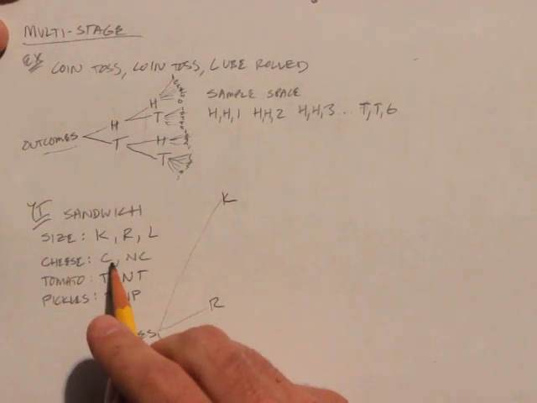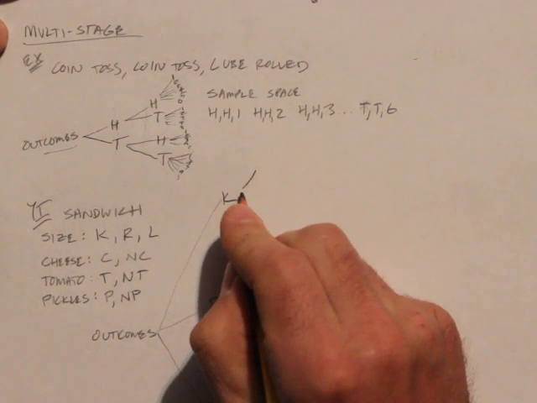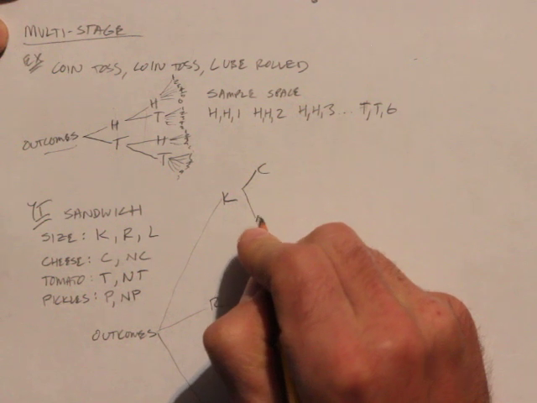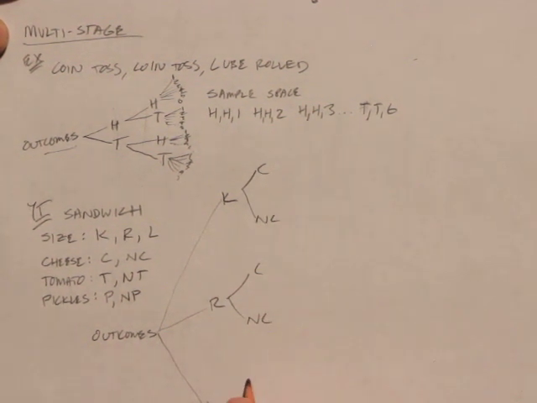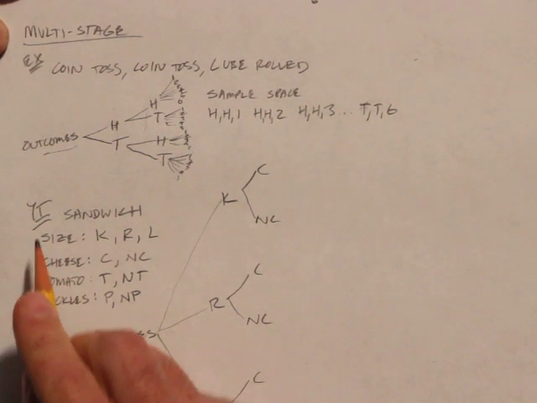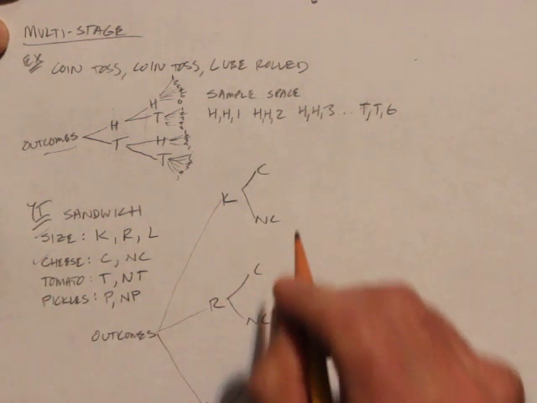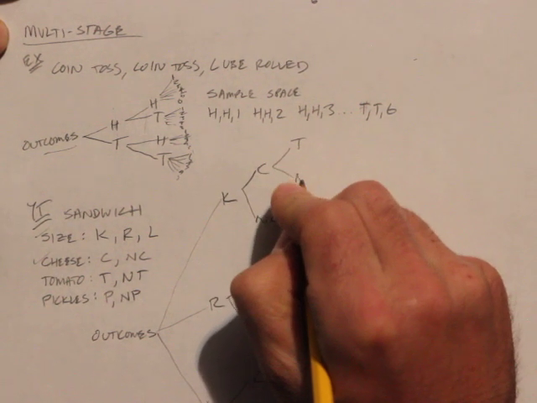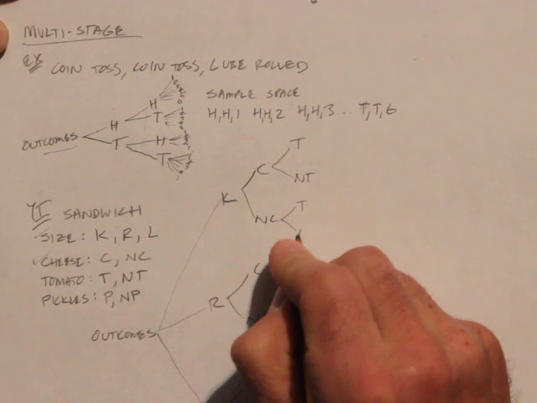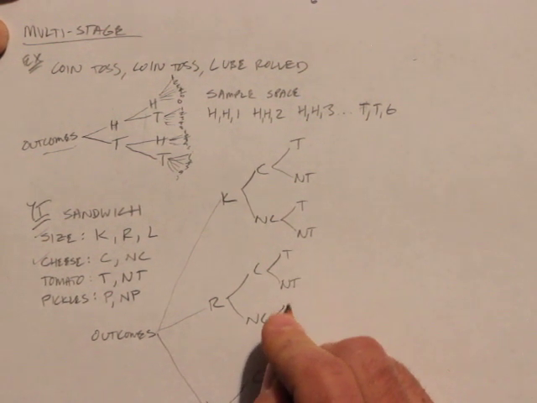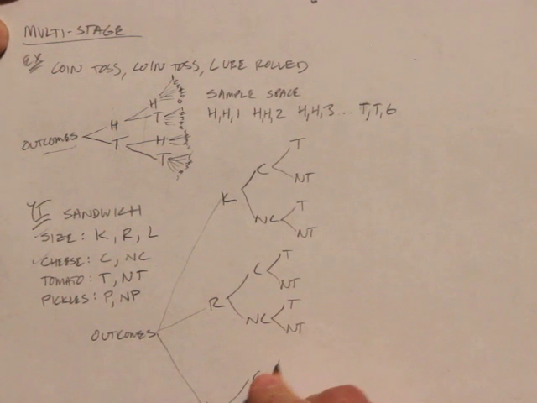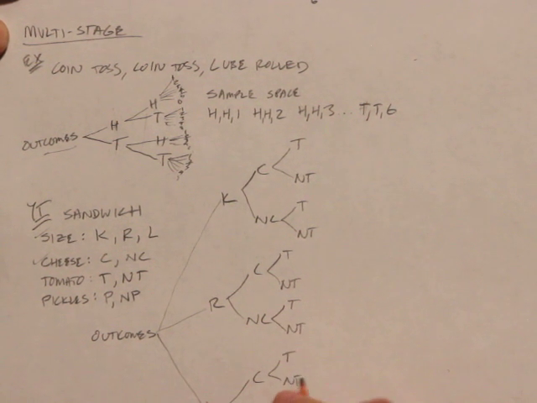And then cheese, no cheese for each one. My next event, tomato, no tomato. For each one of these, I need to write tomato and no tomato.